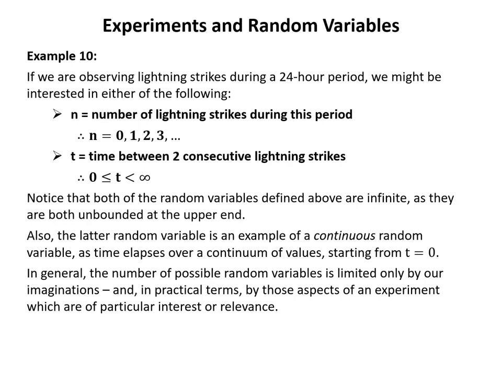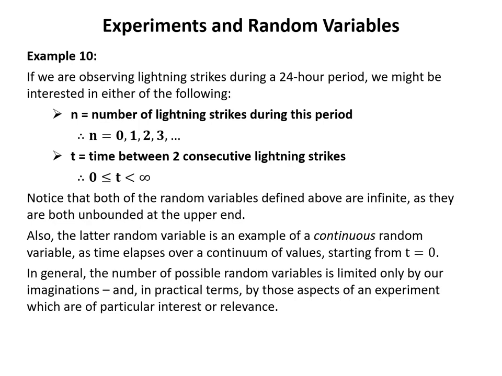So in that case, T can be any value from 0, including 0 if 2 lightning strikes occur at the same time, and then on upwards. And we would write it as T is greater or equal to 0 and less than infinity, the less than infinity implying that there's no particular upper limit.